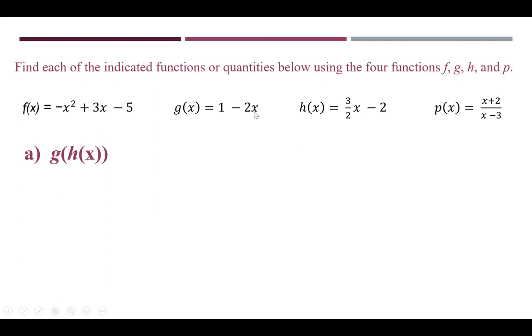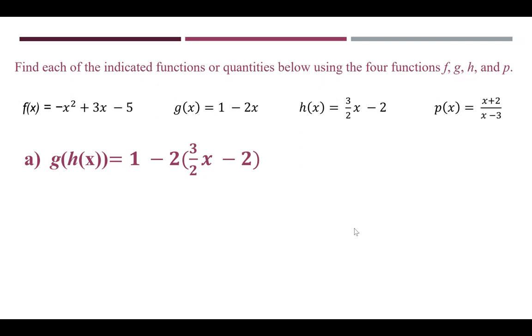But in place of that x, we're going to put the entire h function, 3/2 x minus 2. It's going to look something like this. Notice it's simply the g of x function where x has been replaced with h of x. This is a composite function.